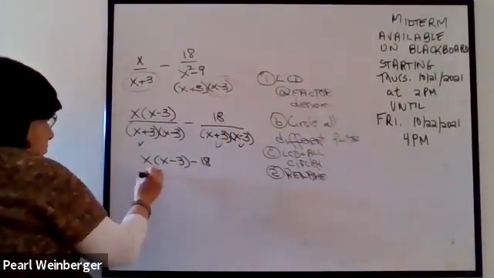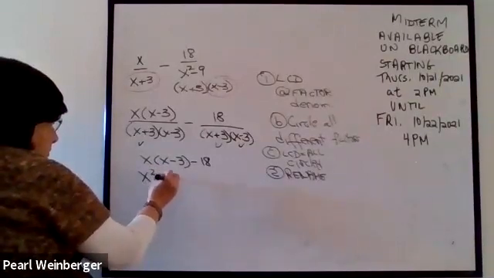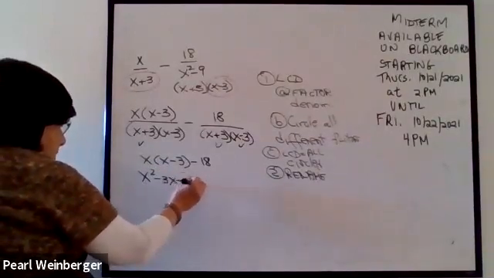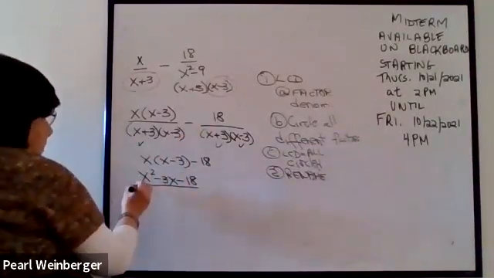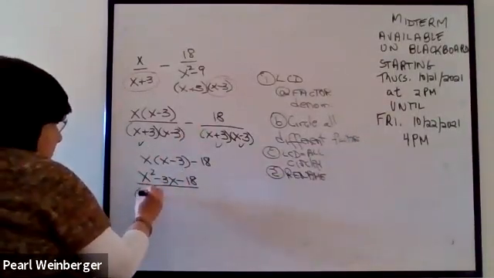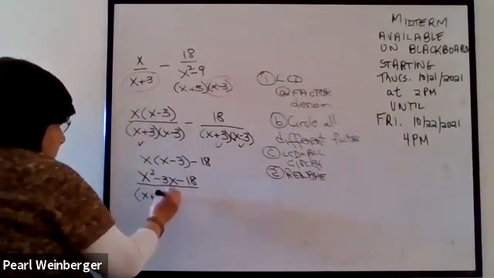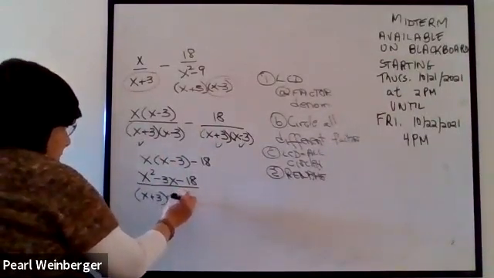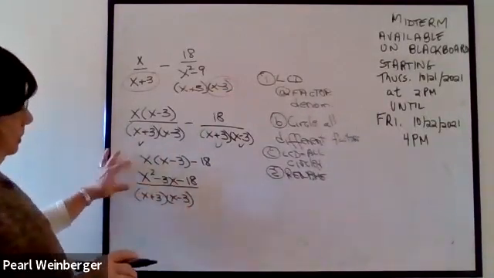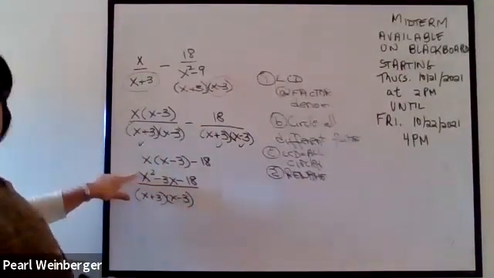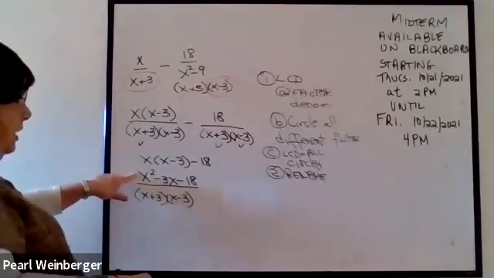That gives me x squared minus 3x minus 18. And that I put over my common denominator of x plus 3 and x minus 3. And in order to do the final step of simplifying, I've got to factor the numerator if I can.